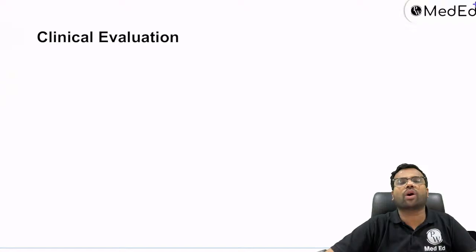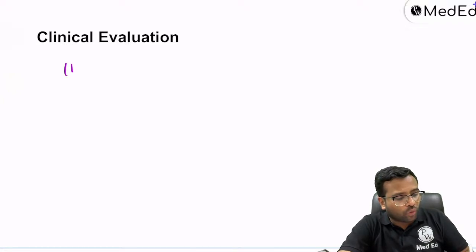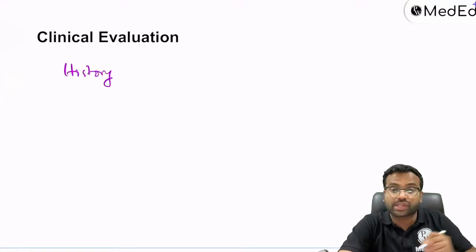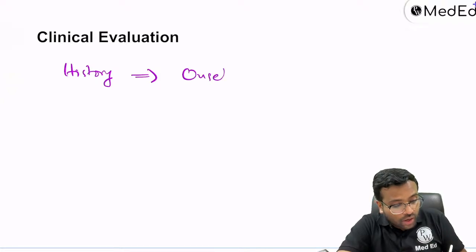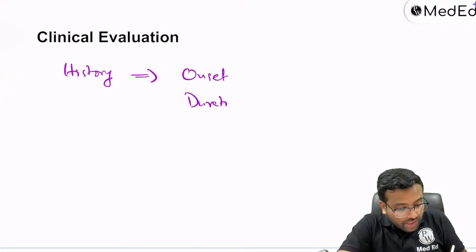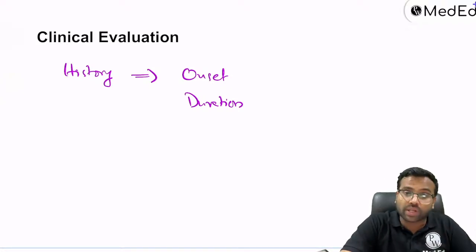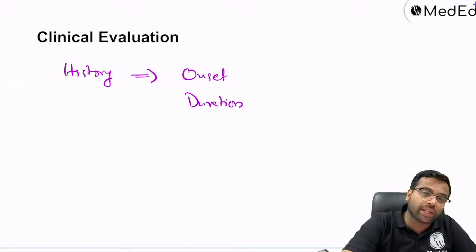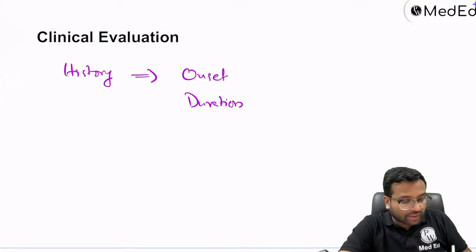So now let's see how are we going to do a clinical evaluation of the same. In the clinical evaluation, just as you know, you always will have to take a good history to understand when is the onset, what is the duration of the rash, etc. So you have to ask when did the rash first appear and for how long is it present? Is it going to be an acute erythema or a chronic erythema or something like that? Or does the patient feel there is some triggers?